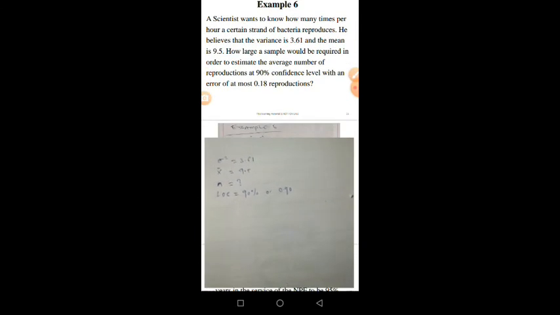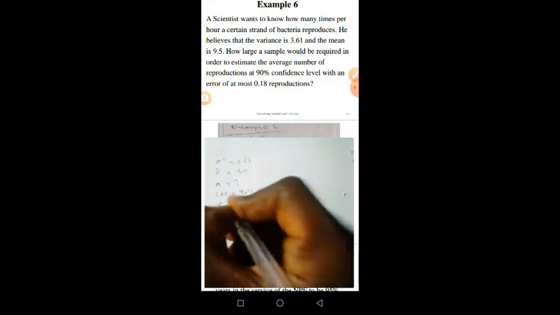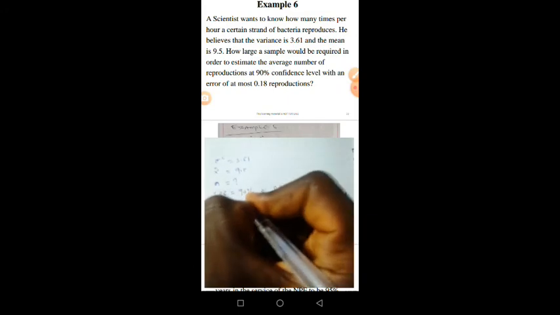90% confidence level with an error. Now we are given what? Margin of error, which is 0.18. Okay, now here we are asked to determine the sample size.